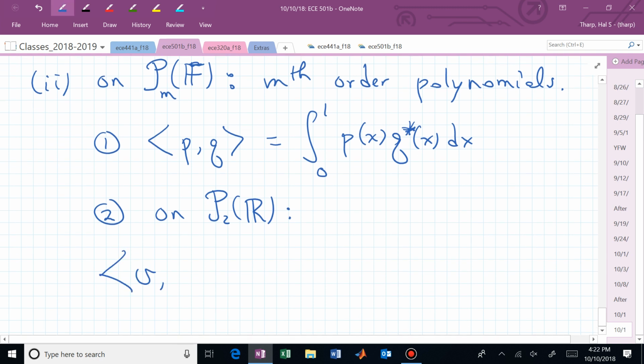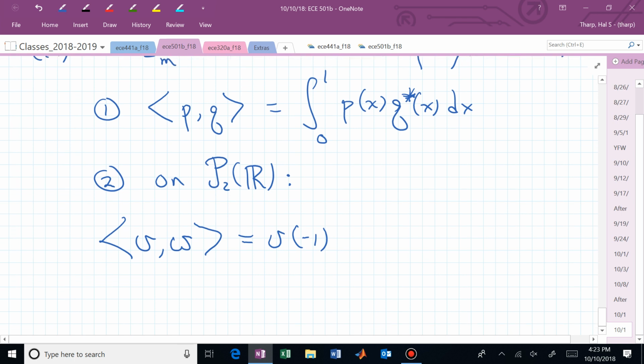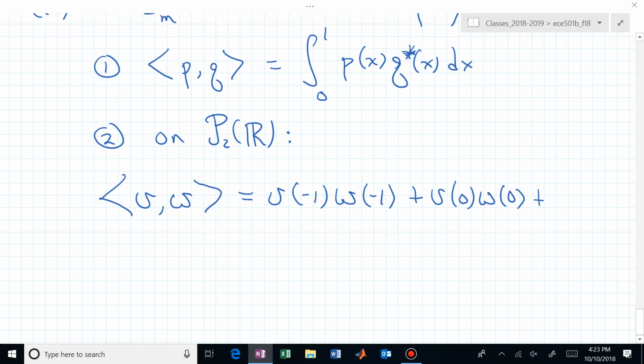Could be, if I now have vectors v and w, what if I simply evaluate each vector at -1 and multiply that together, add that to now the two vectors evaluated at 0, and each vector evaluated at 1 and multiplied together.